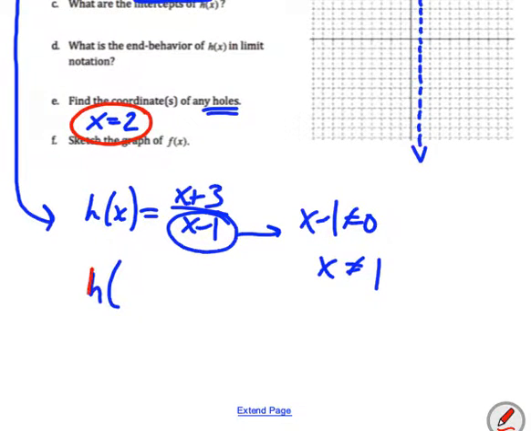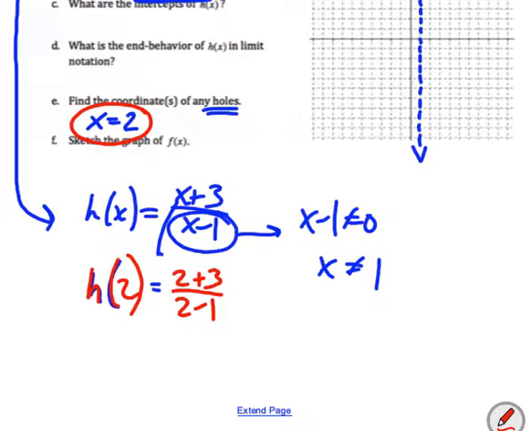Let's do this in red. Use the simplified function. If we try to use the non-simplified function, we're going to get 0 in the denominator. It's not going to do us any good. So we'll take the simplified function and just plug that in. So instead of having x plus 3, we are simply going to have 2 plus 3 and then 2 minus 1 in the denominator.